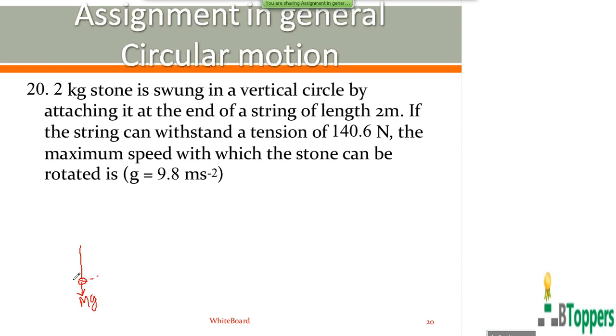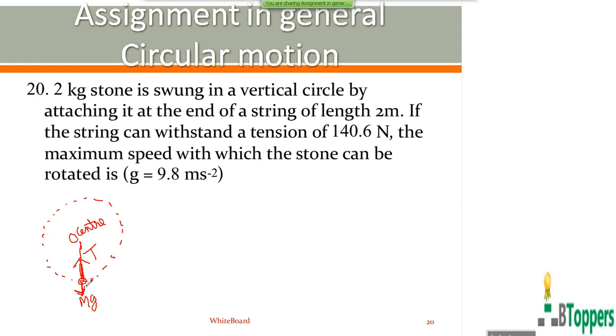So consider the position of the body at the instant when it has reached the lowest position. As I discussed in the theory part, in the case of motion in a vertical circle, the magnitude of the tension on the string is maximum at the lowest position. So I have shown the free body diagram for the body at the lowest position.